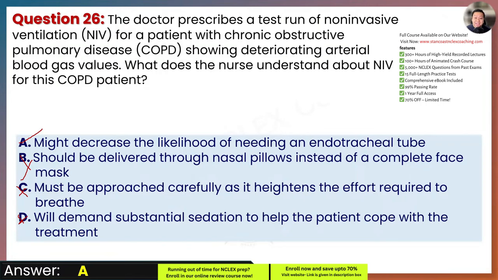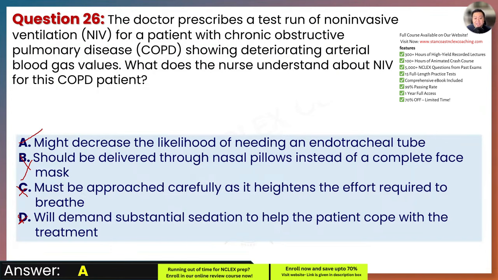So it's not a strict rule that one is better than the other for COPD patients. Both methods can be effective, and NIV can be delivered in a flexible manner depending on the patient's needs. So saying nasal pillows are mandatory is incorrect because it overlooks the flexibility of non-invasive ventilation delivery options.